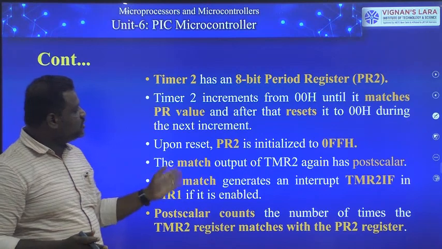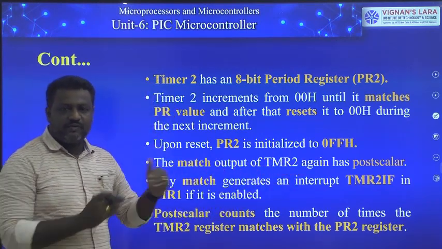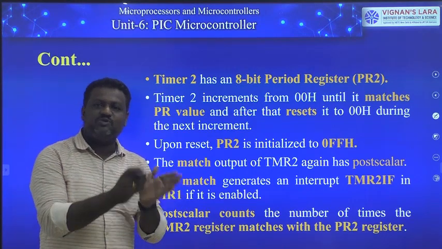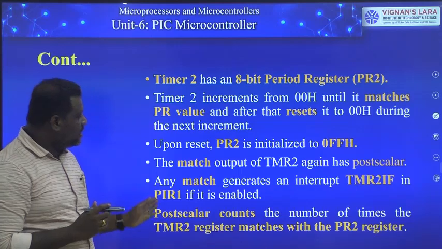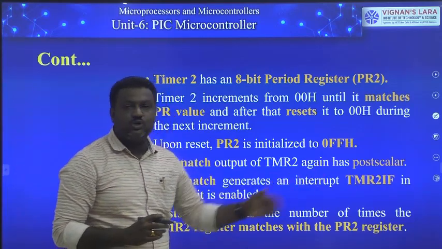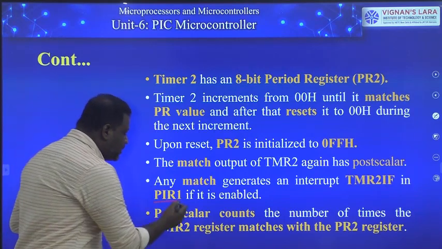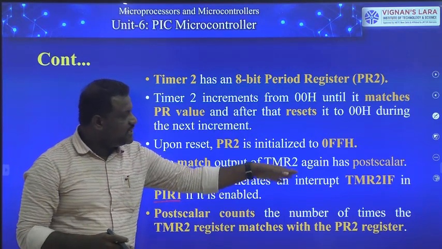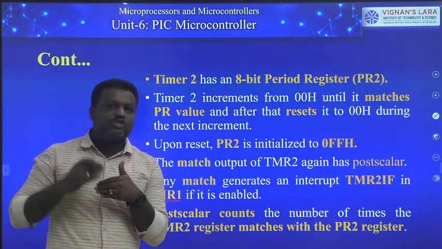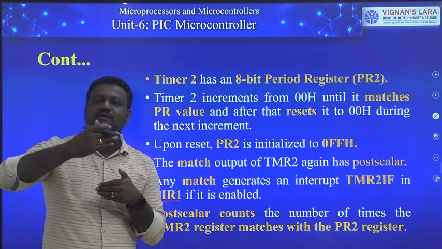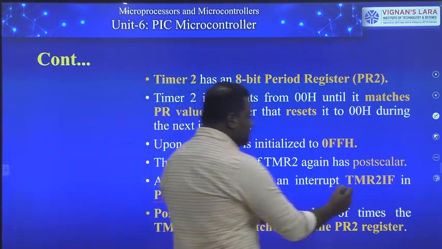Next, the match output of our timer 2 goes to a postscaler. Whenever we get an equality case, that information is given to the postscaler, as in the previous diagram. Any match generates the timer 2 interrupt flag, TMR2IF, which is present in the PIR1 register. TMR2IF means a timer 2 interrupt. Whenever the period register value matches our timer 2 value, this circuit may generate this particular interrupt.